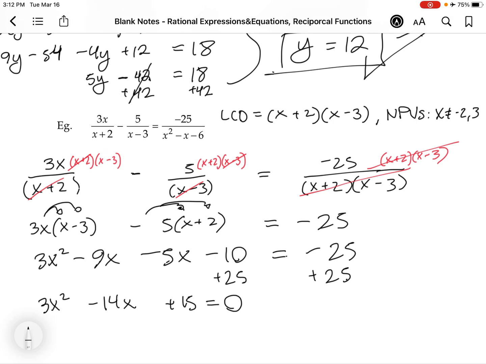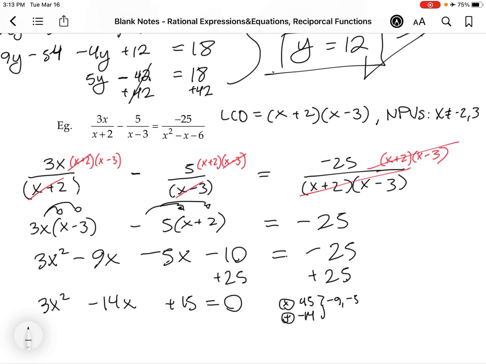Okay, so if I do, let's say maybe a decomposition here, I'm looking for two numbers that multiply to 3 times 15, which is 45, and add to negative 14. And I think those numbers are negative 9 and negative 5.